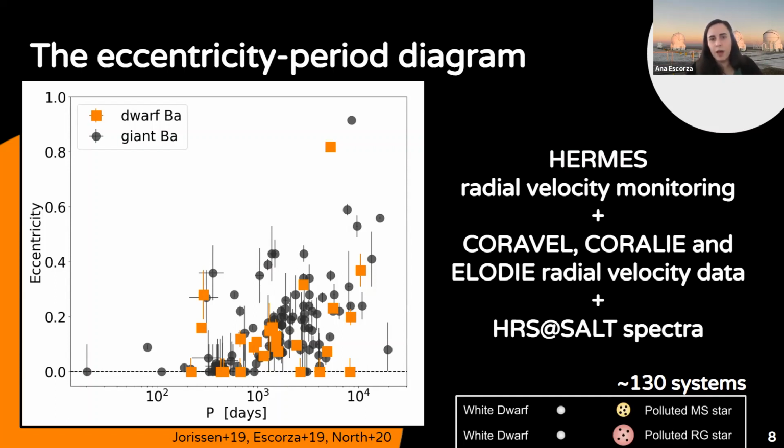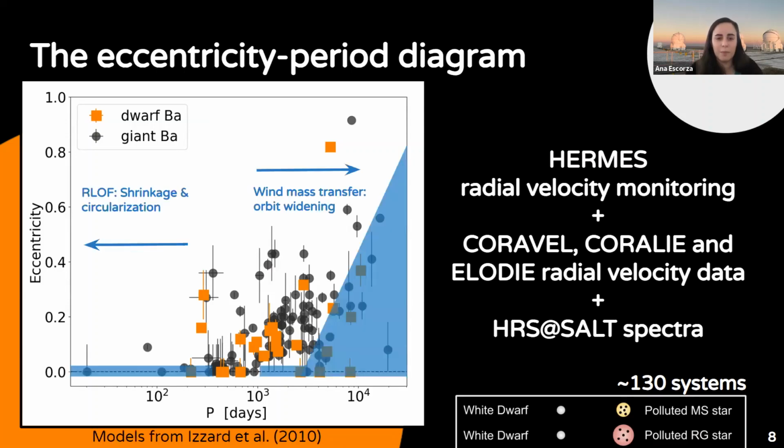And just to show you how bad this is, although I'm going for the exaggeration a bit here because there are works that have improved this picture before, I want to show you the general picture of what happens if we try to produce Barium stars with population synthesis models using standard binary interaction physics.